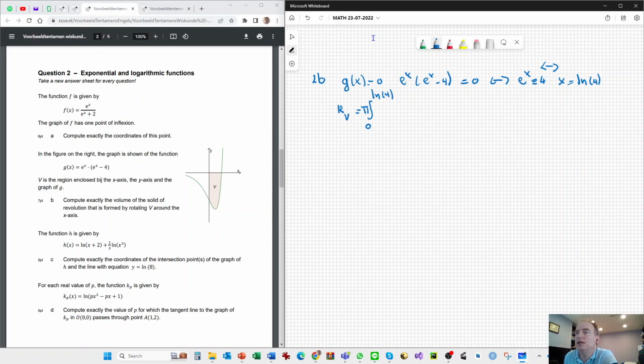Well, what is g(x) squared? I just square these individual terms. So I get e to the power 2x times (e to the power x minus 4) squared, dx.